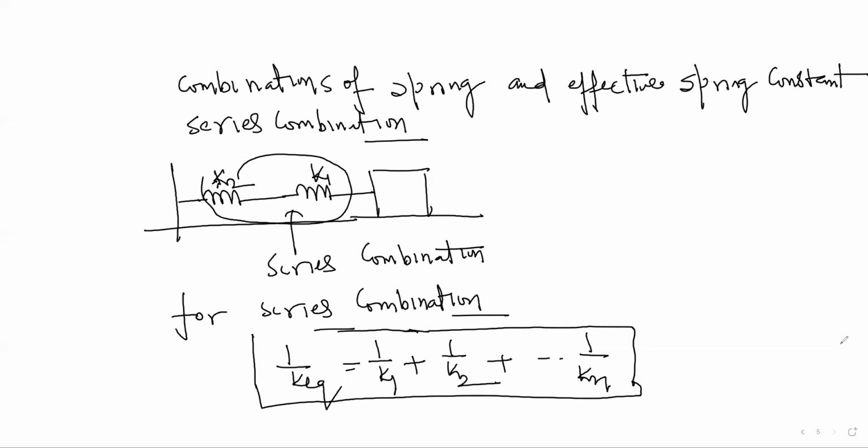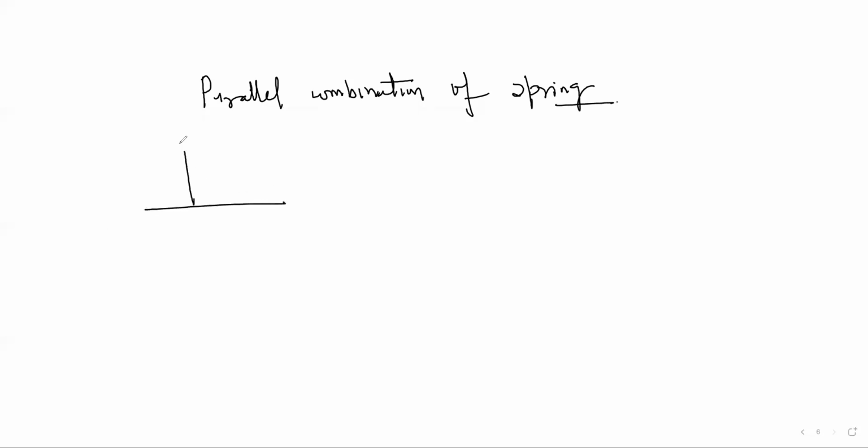Now, next thing is parallel combination of springs. So what would be its arrangement? Its arrangement would be like this. Here is a spring with spring constant K1, and here another spring with spring constant K2, and a block is attached to it.